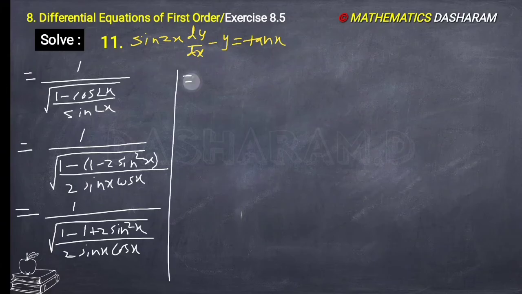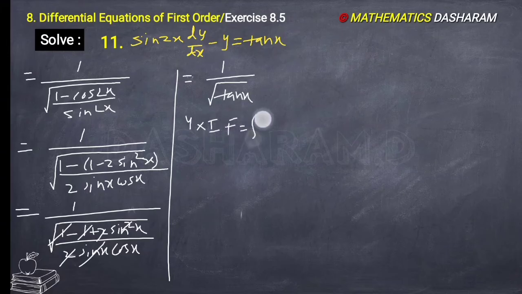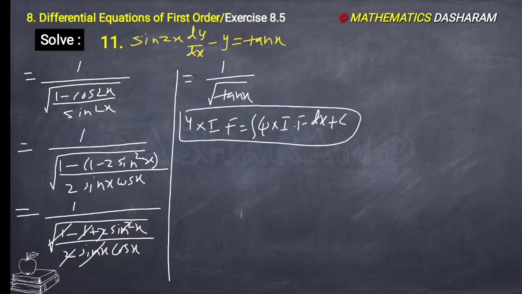Then it is equal to, here 1 minus 1 cancel and 2 cancel, square sin x cancel. So then 1 by under root sin by cos is tan x. Now y into integrating factor equals to q into integrating factor dx plus c is the solution formula.